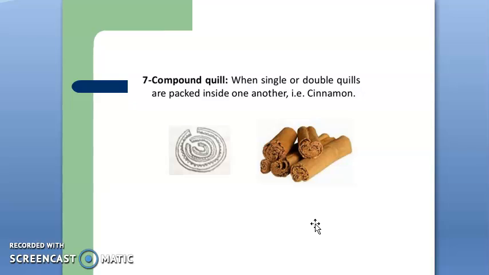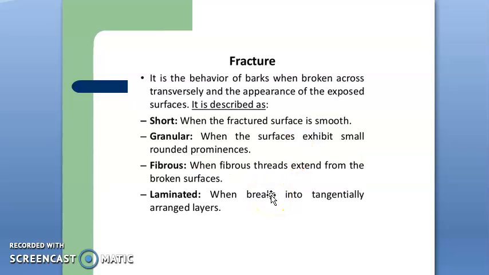In some cases, one quill of bark is put inside another quill to form a compound quill. So it is called as compound quill, and the well-known example for this type of shape of bark is cinnamon. So these are the types of shape of barks and they are very helpful for the morphological identification.